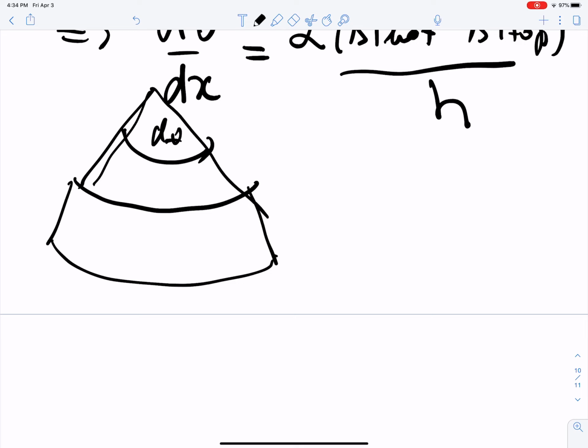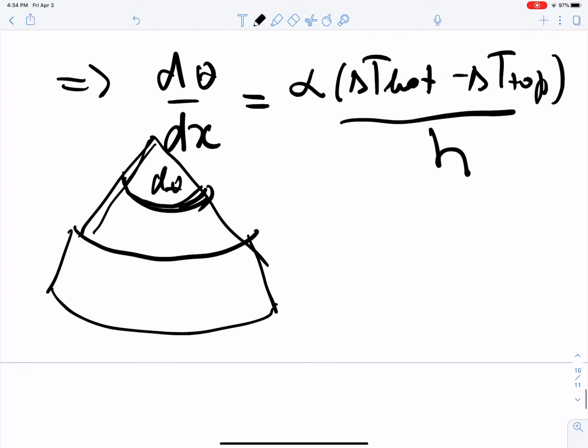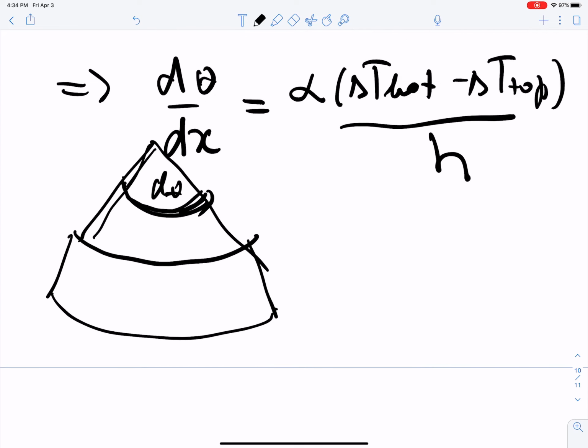The degree to which that angle changes depends on the quantity that I just derived: the difference between top and bottom temperature, the coefficient of thermal expansion, and the thickness, h.